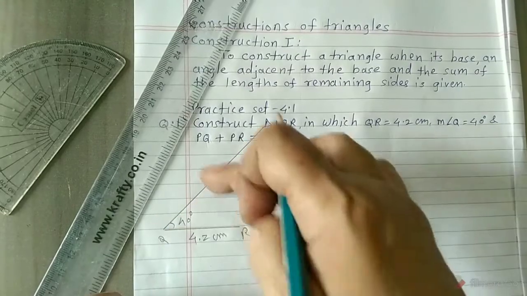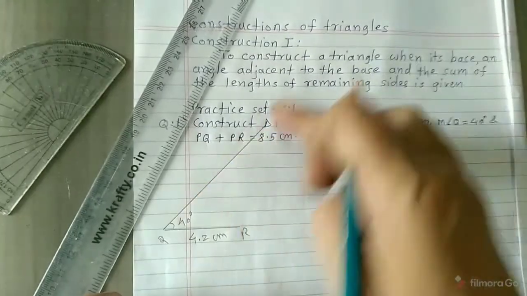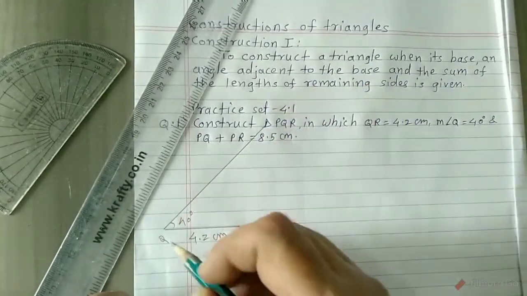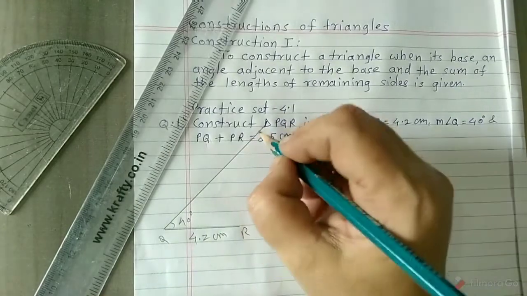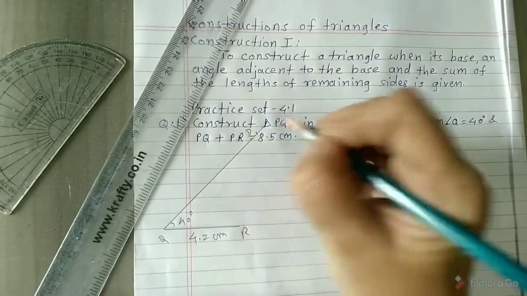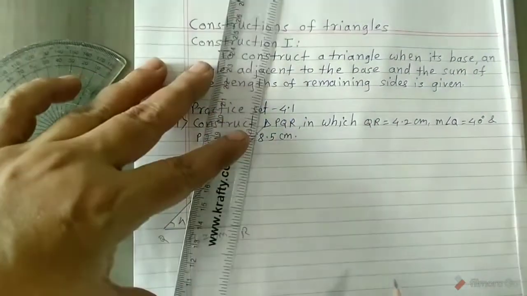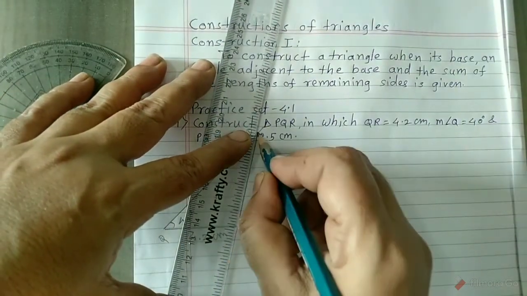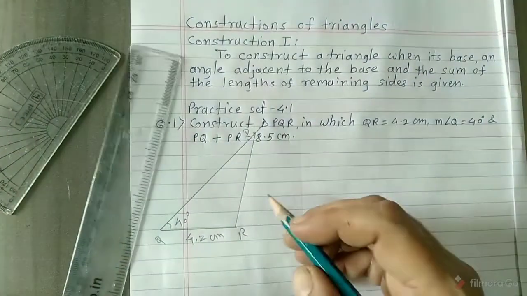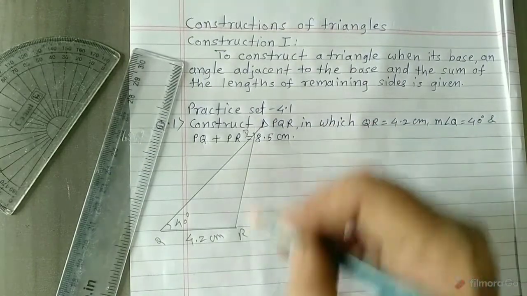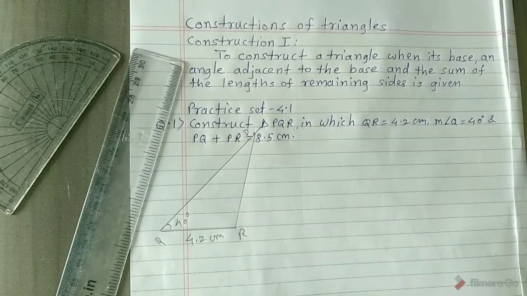So we cannot draw this in actual length. So we draw this line 8.5 and extend this line. Then we take any point here. Here we take D. Then join this DR, and then draw a perpendicular bisector of DR.